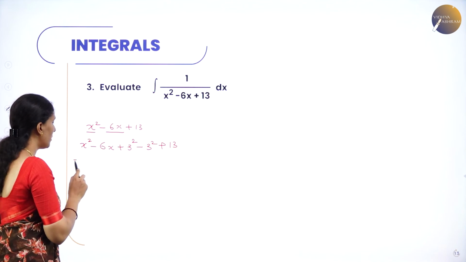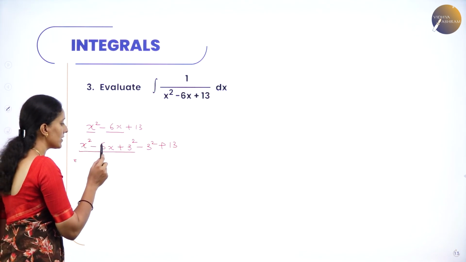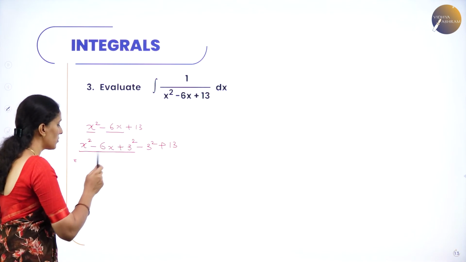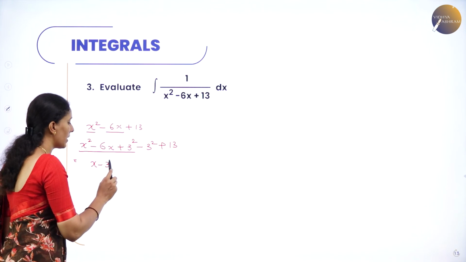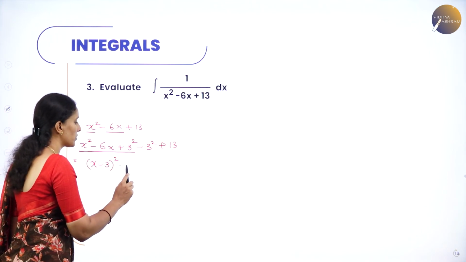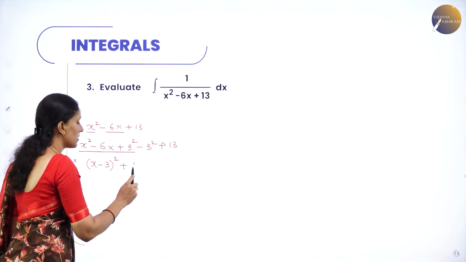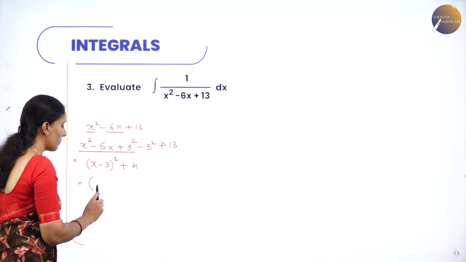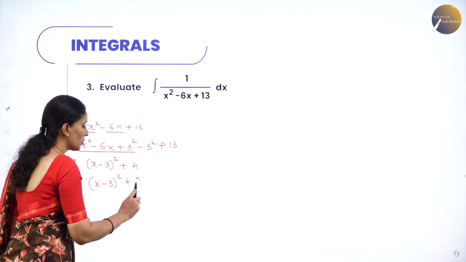Now here you observe this, the first 3 terms are in the form of a square minus 2ab plus b square. So I can rewrite it as a minus b whole square, hence it becomes x minus 3 whole square, and here minus 9 plus 13 becomes plus 4. Now this can be written in the form of x minus 3 whole square plus 2 square.